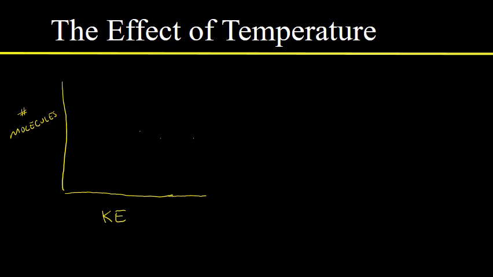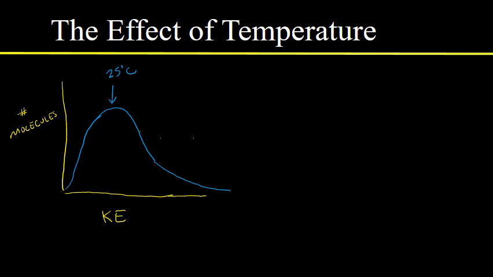And I'm going to use blue for a cold sample, or cooler anyway. So at, let's say room temperature, 25 degrees Celsius, the Boltzmann distribution would look like that.